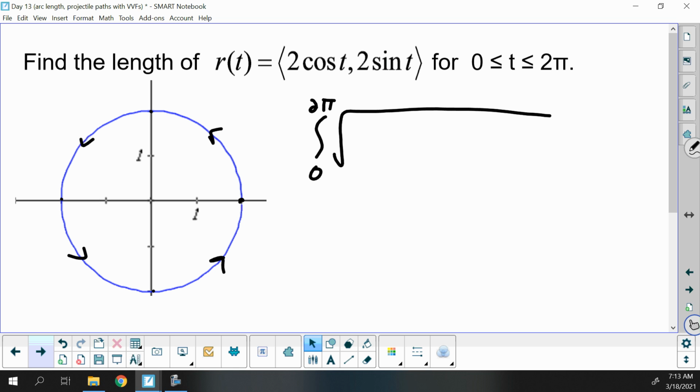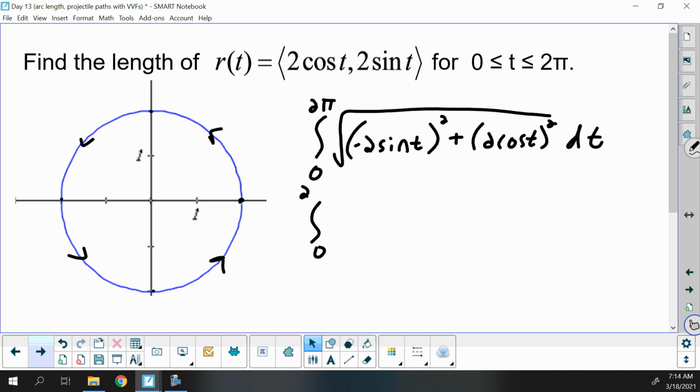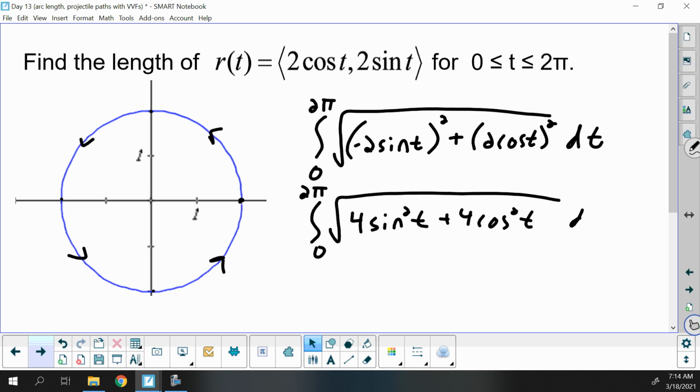We'll have square root. We're going to have our x part's derivative squared. So 2 cos t's derivative is negative 2 sine t, squared, plus the derivative of 2 sine t would be 2 cos t, squared, and then dt. And this we could do by hand. If we square those, we get 4 sine squared t plus 4 cos squared t dt.